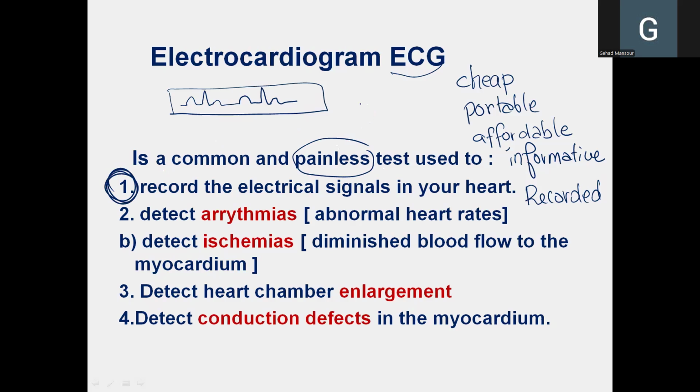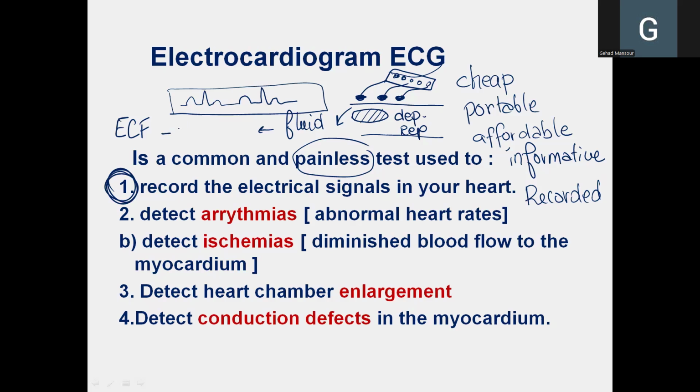If the patient is lying down like this, and this is the position of the heart, and you put the various electrodes attached to cables and to the ECG device here, it's possible to record the different waves of depolarization and repolarization of the heart, because there is fluid inside the body, whether the extracellular fluid around the cells, the pericardial fluid around the heart, or the blood inside the vessels.